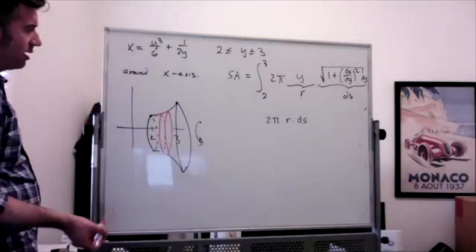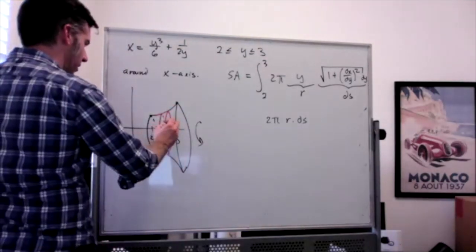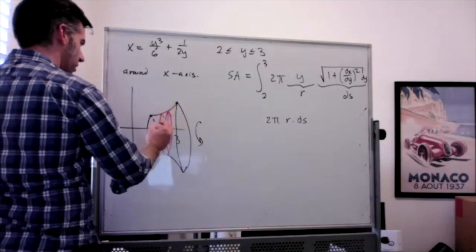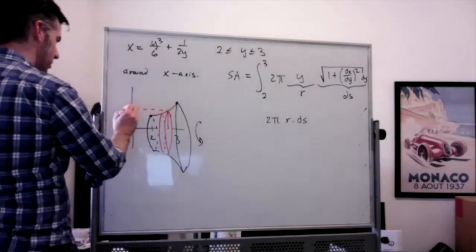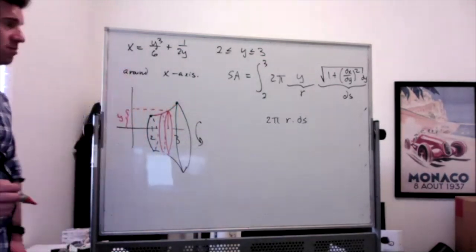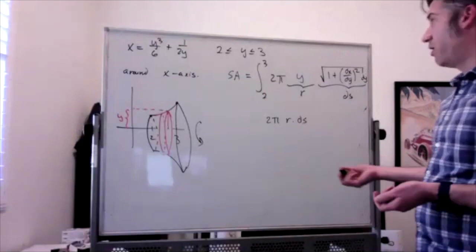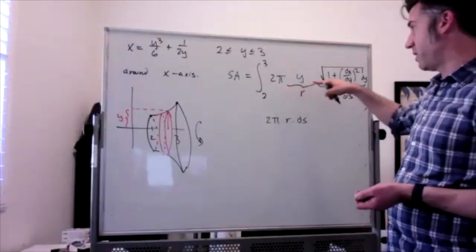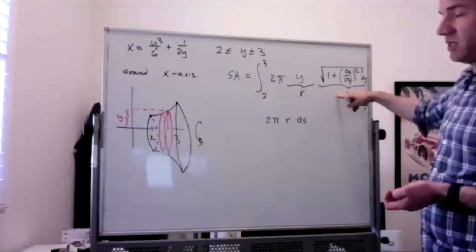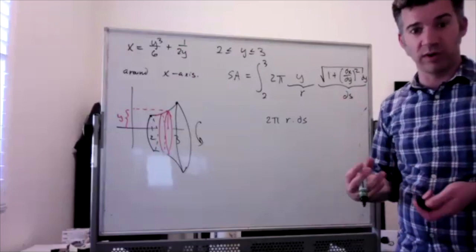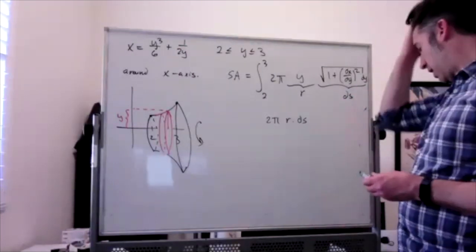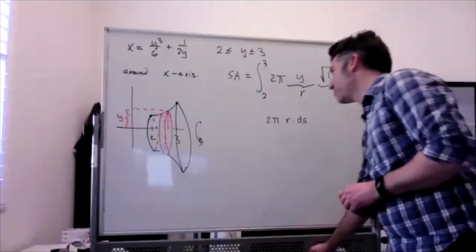There's our rubber band, and the radius of that circle in the rubber band, that radius, that's y. So then the surface area is 2 pi times the radius y times ds, which is always the square root of 1 plus whichever derivative makes sense. Okay, so we have enough time? We have enough time, yeah.